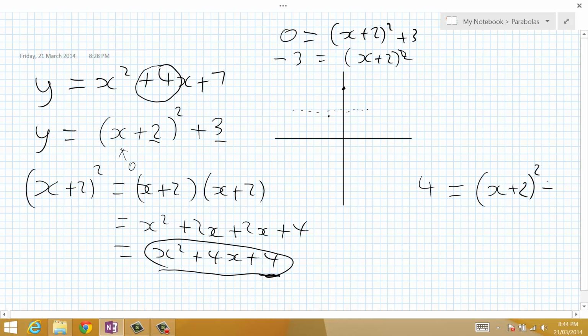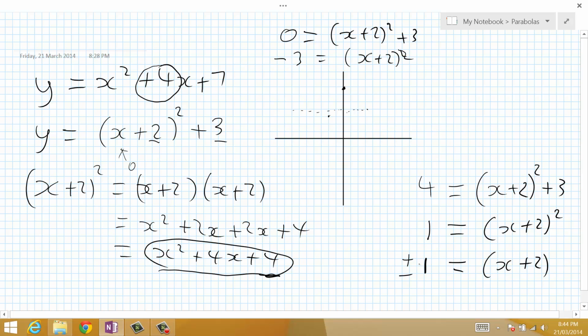Subtract 3 from both sides, I end up with 1 equals x plus 2 squared. Take the square root of 1, which means that I'll get plus or minus 1 equals x plus 2, because negative 1 squared will give me 1, positive 1 squared will give me 1.